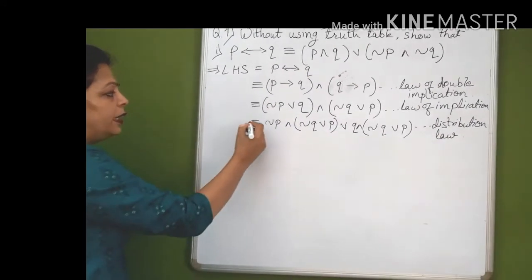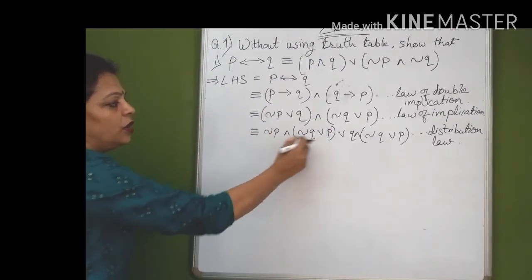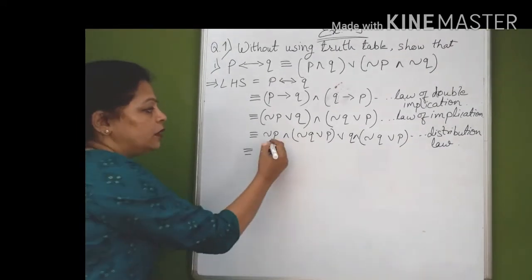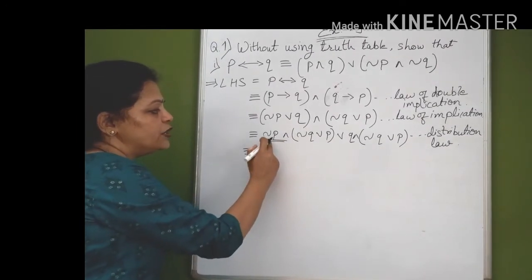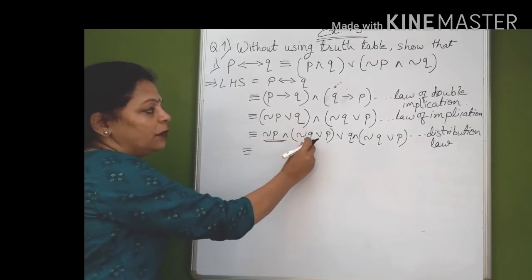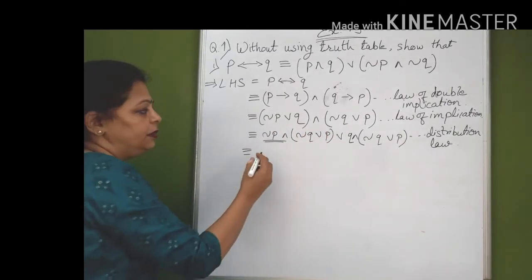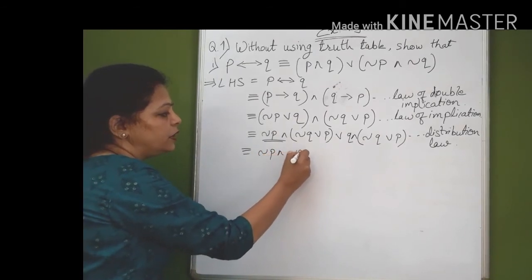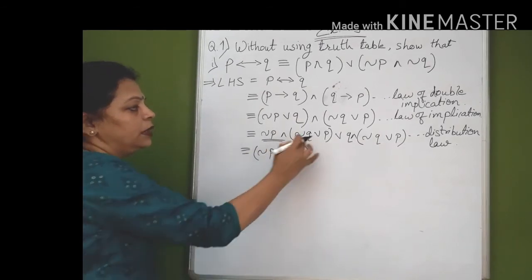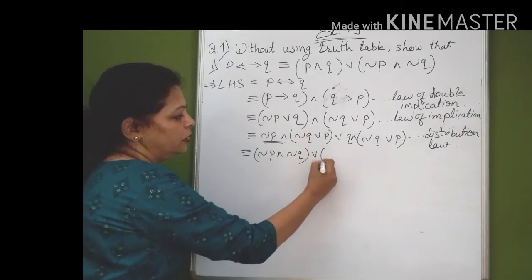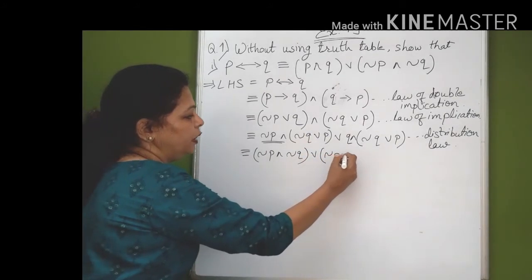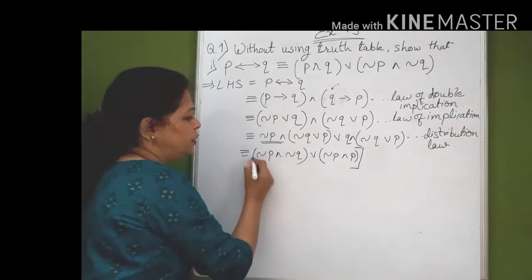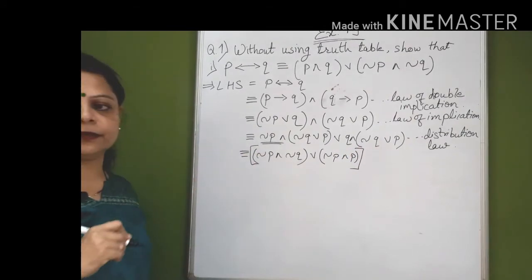Now by the same rule, let us solve these brackets. This is equivalent to, taking negation P with the sign, you multiply with each term in the bracket. So you get negation P and negation Q, then OR negation P and P. Let's put this in one square bracket.